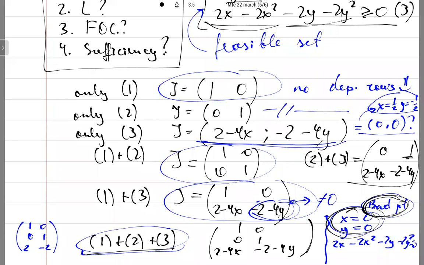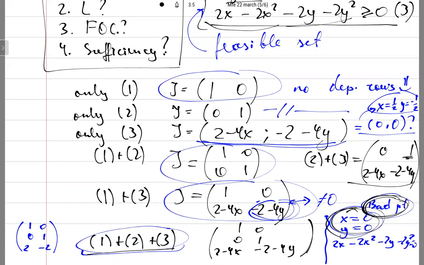But isn't the rank always at most 2 for matrices like 3 by 2? Yes, the rank for a matrix like that cannot be greater than 2. You are right, but you need to provide me a point where all 3 inequalities are active.